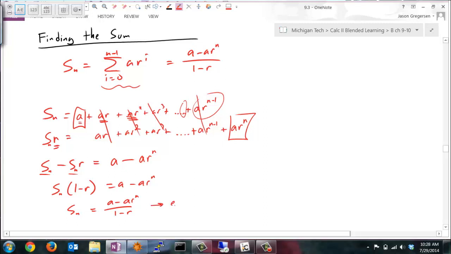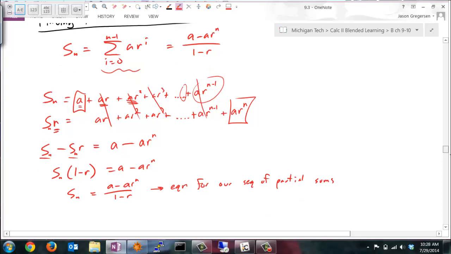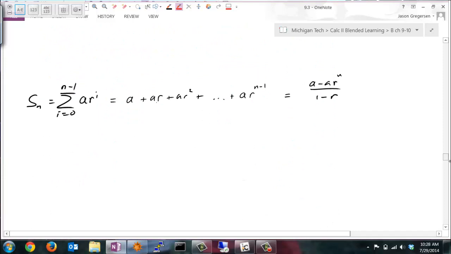It's really an equation for our sequence of partial sums. And that's the important piece here. It's an equation for our sequence of partial sums. And that's the formula.